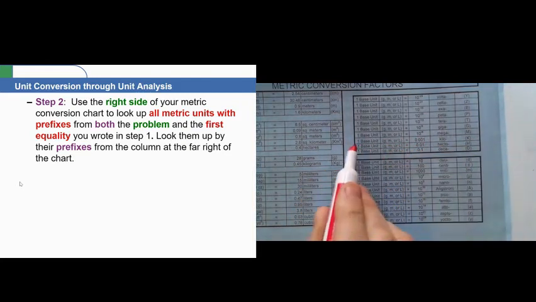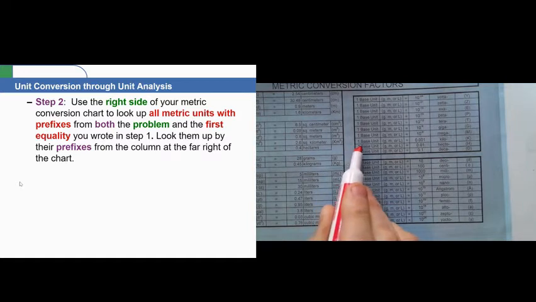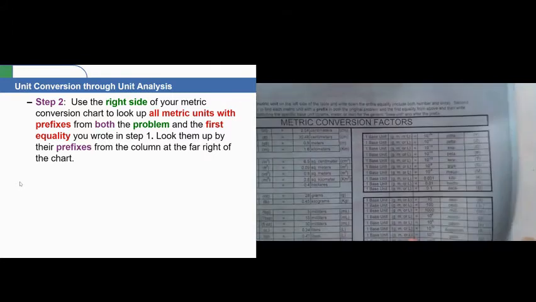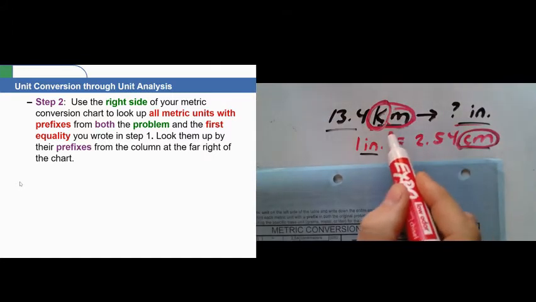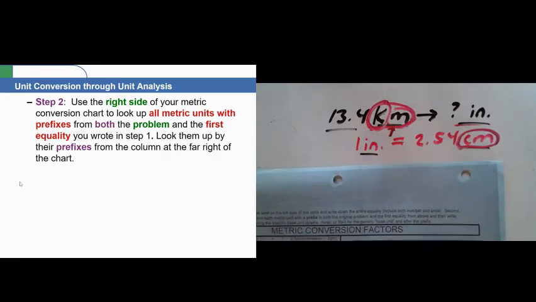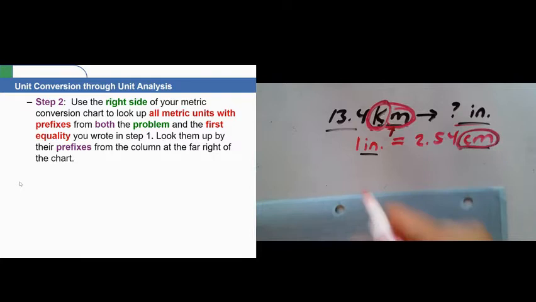Now, if you notice, it says 1 base unit is equal to. Now, the base units in the metric system are gram, meters, or liters. Well, in this problem, the base unit is meters, whatever the second letter is. So I write down 1 base unit.